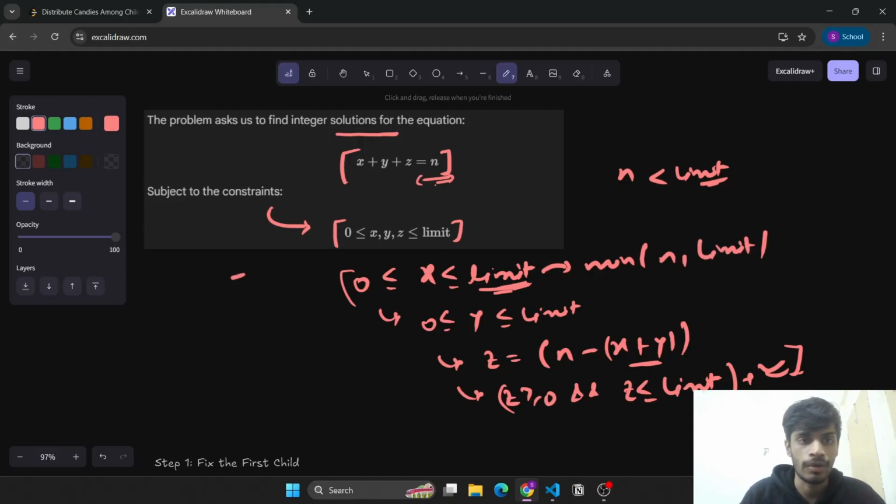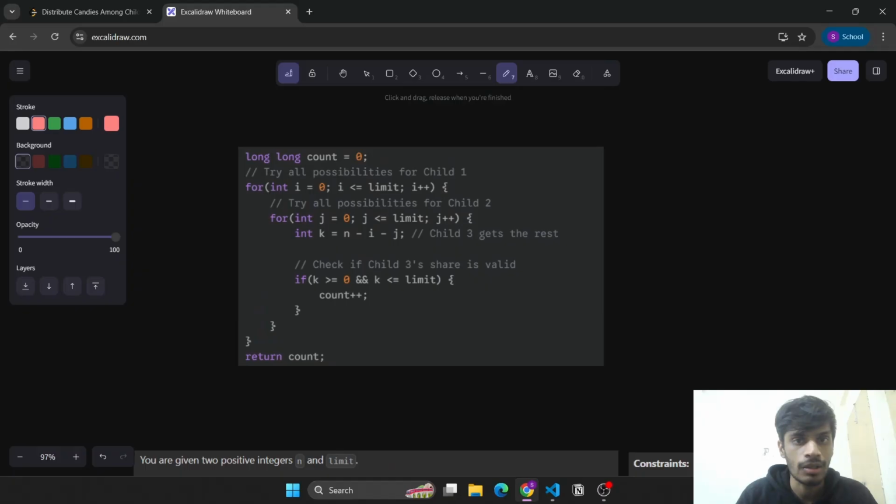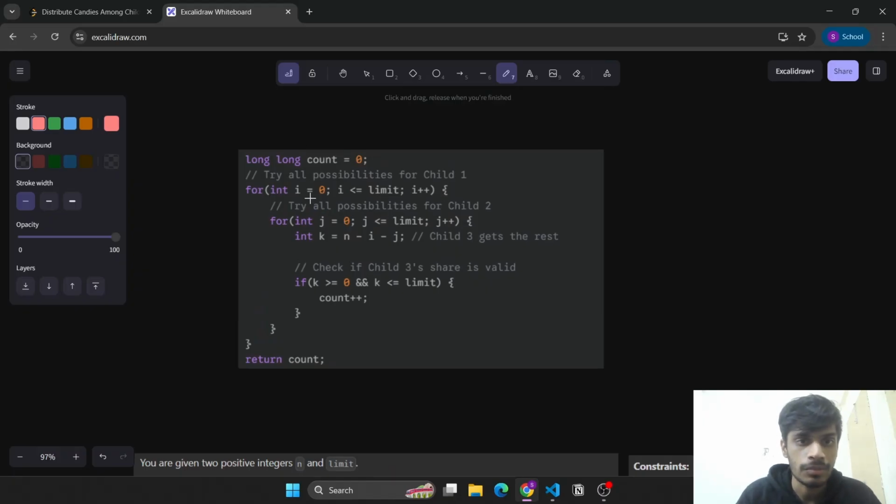because if limit is 5 but we have n equals 2 candies only, then we cannot give 5 candies to any child. Hence we'll update this less than or equal to limit constraint with the minimum of n comma limit, and the code would look something like this, where we have fixed the first child and try all possibilities for child 1 from i equals 0 to i less than or equal to limit.